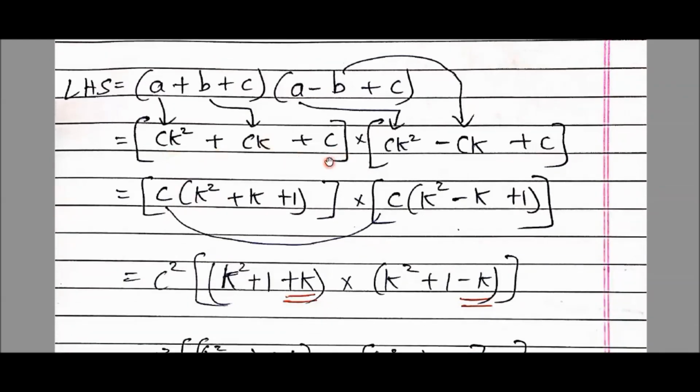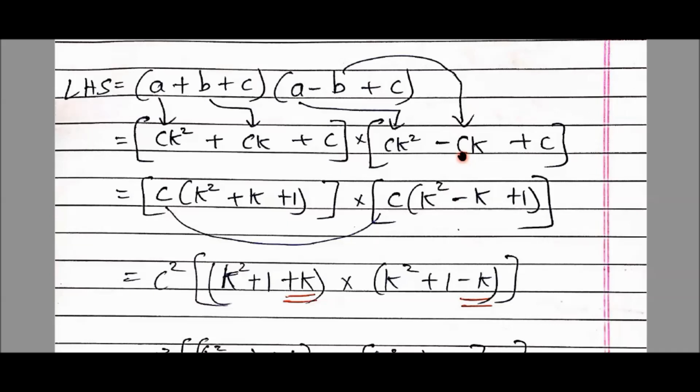Now see the square bracket. From this square bracket, can I say I can remove C common? So if I remove C common, only K square will be remaining here. See my cursor. C already removed as common, so only 1 will be remaining here. Similarly, students, in this bracket, see my cursor please. I'll remove C common. So K square, here minus will come.